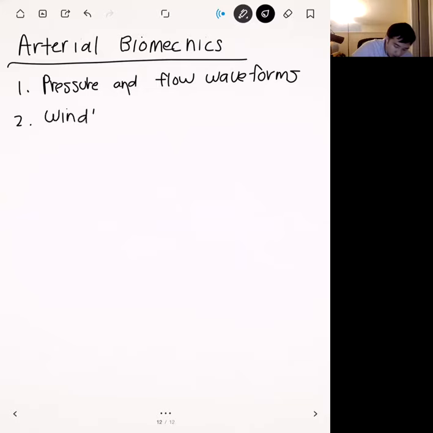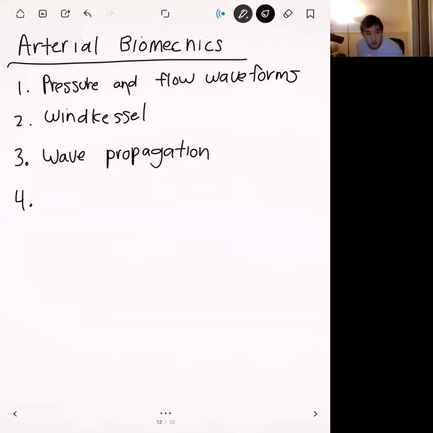Not necessarily the experiment itself, but more, what does the experiment kind of physically represent? Okay. The third kind of big topic here was the whole thing with wave propagation. And then the fourth big area that I want you to know for the exam is mechanotransduction.